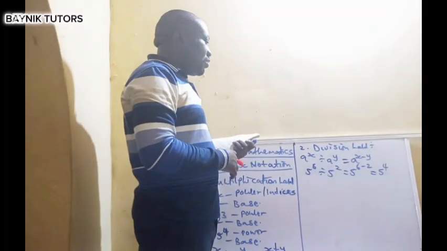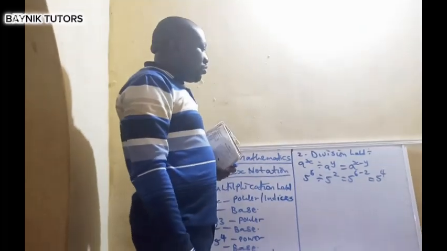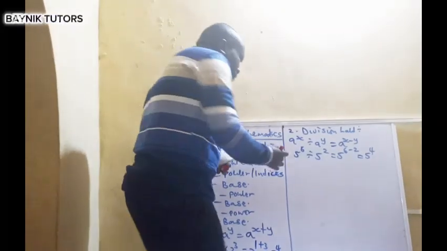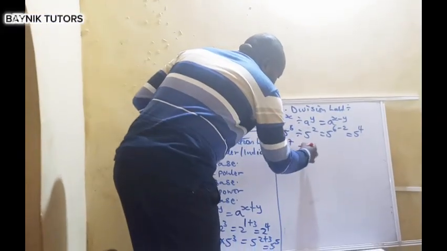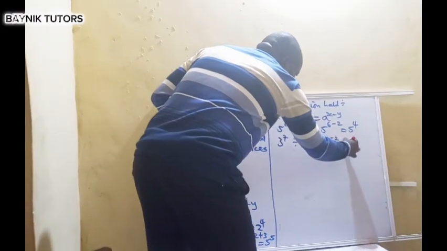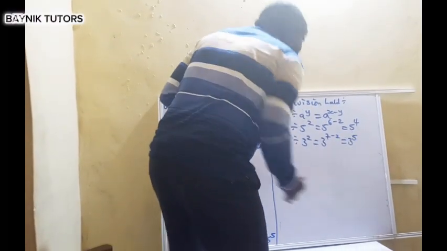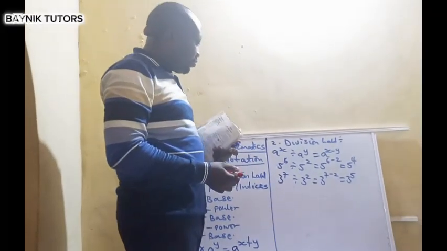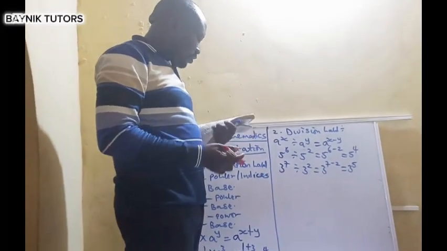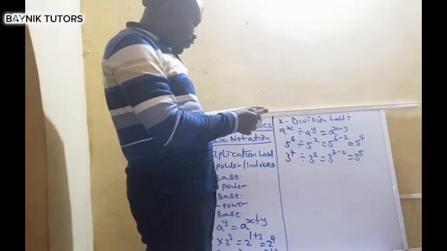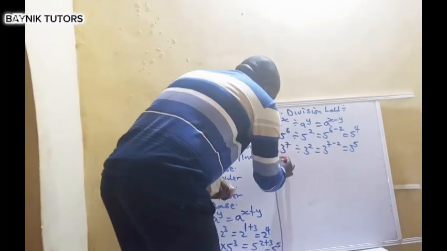If I have 3 raised to power 7 divided by 3 raised to power 2, that's 3 raised to power 7 minus 2, that's 3 raised to power 5. That's that for the division law. So we'll move to another law, which we refer to as the power law.